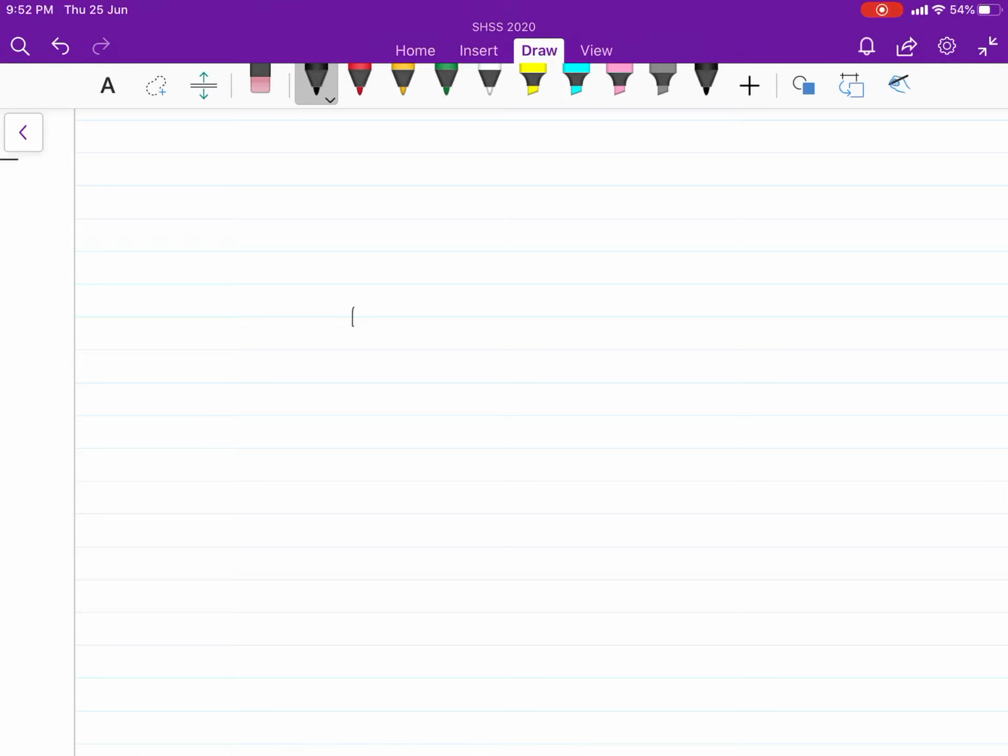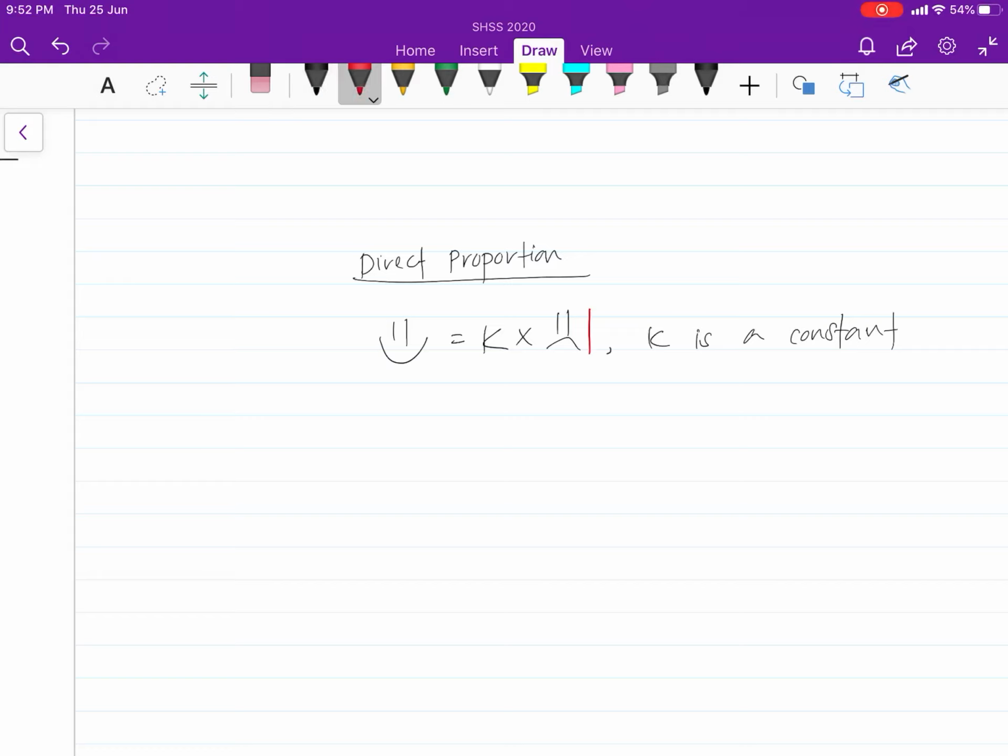Now let's revisit the concept that I've done in the previous lesson. For direct proportion, we know that the formula is smiley face equals k times whatever this is, correct? Where k is a constant. Smiley face and sad face can be anything. And we all know the concept is when sad face goes up, smiley face will also go up.